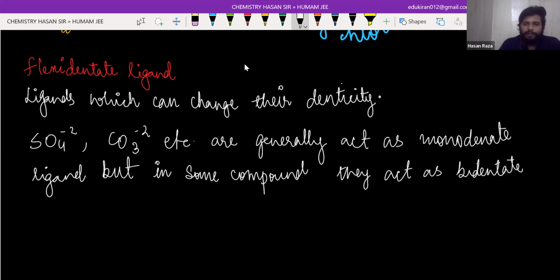So basically, denticity changes. That type of ligand is known as flexidentate.